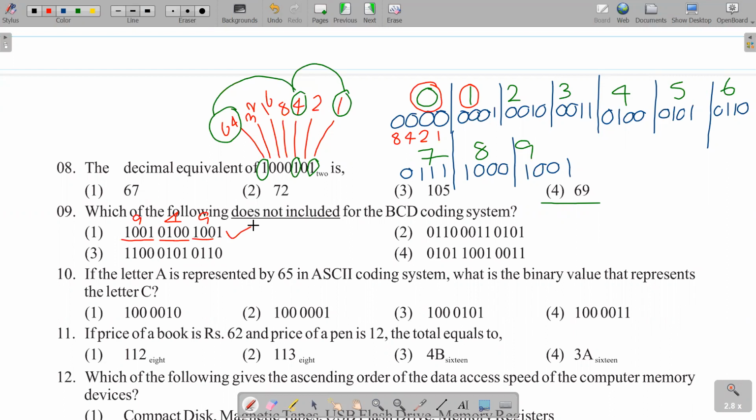So these are valid values. This represents 6, this represents 3, this represents 5. Again valid. This represents 5, this represents 9, this represents 3. Again it is valid. The incorrect one is this. So that's going to be your answer.